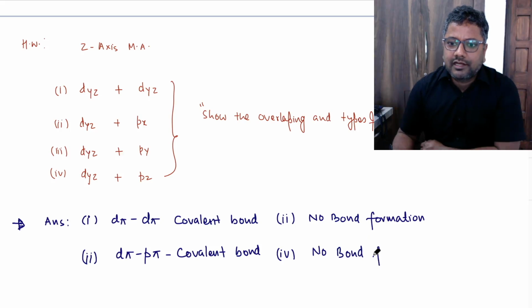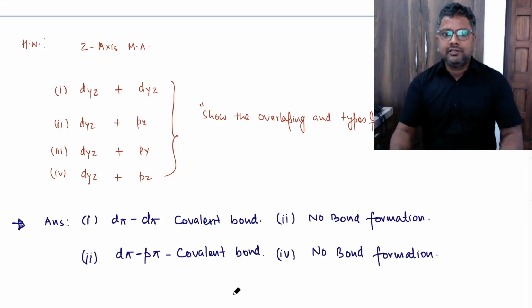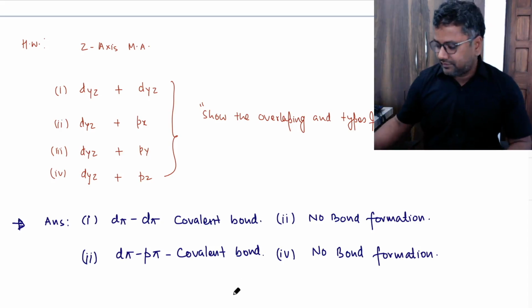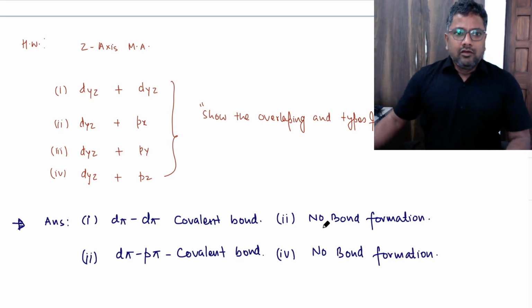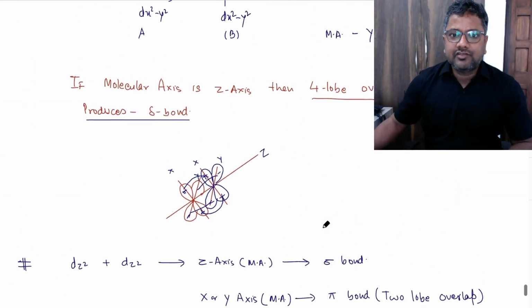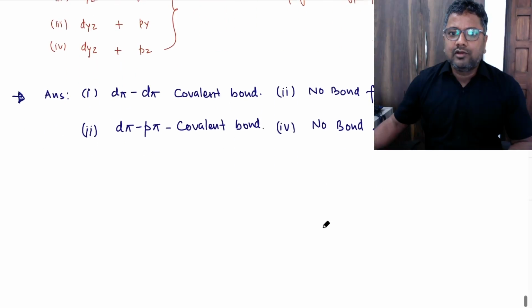So all of you try to draw the orientation to justify this result. I have written the result of this overlapping here. Okay, so let's continue with the formation of some more molecules.